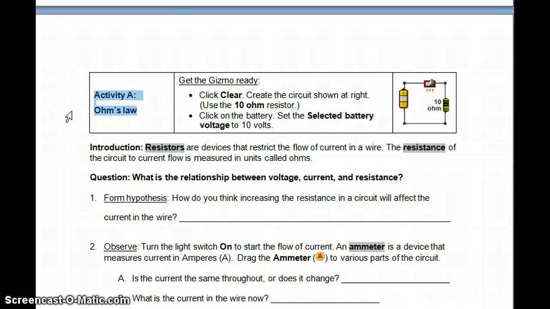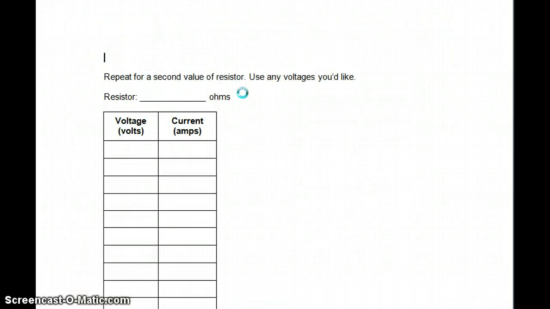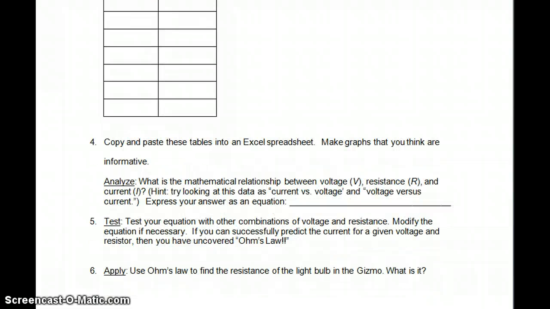In this particular activity, they're going to collect current and voltage information by making measurements on the screen, and then they will be directed to collect some data by putting in some predetermined voltages and measuring the currents, and then being encouraged to extend their data set, doing that not just once, but twice for a second resistor, and then they're asked to take these data tables and put them into an Excel spreadsheet.